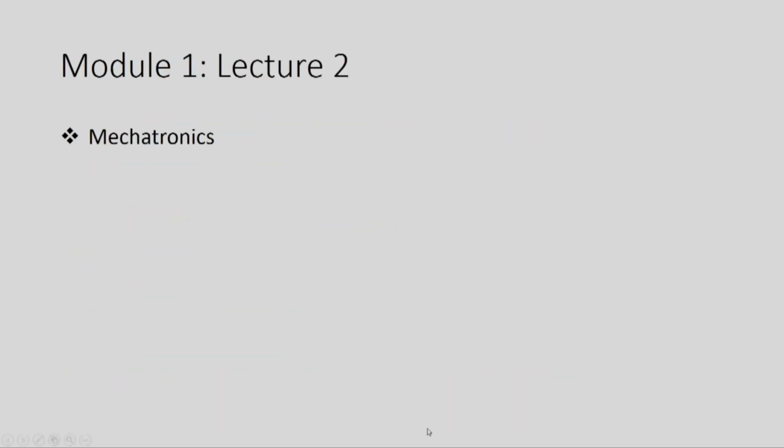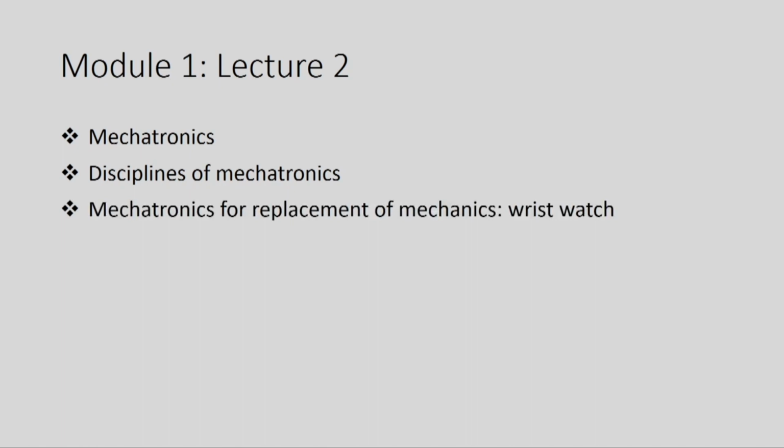Well, what we will be studying in the next lecture, that is lecture 2 of module 1. In the next lecture, we will be studying the meaning of mechatronics, the definition of mechatronics, and the various disciplines associated with mechatronics. These disciplines are mechanical engineering, electrical engineering, electronics engineering, and computer science engineering.